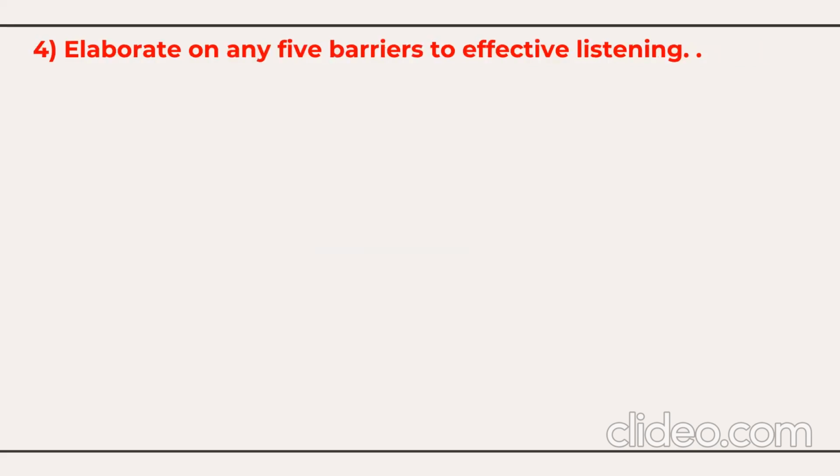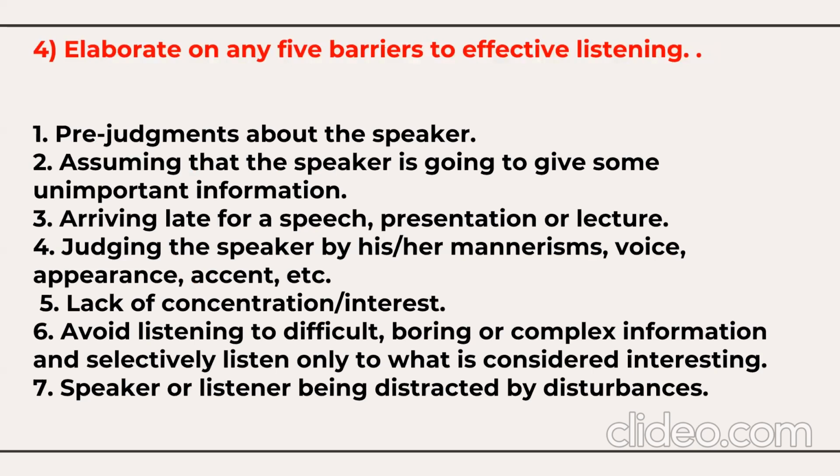Fourth question: elaborate on any five barriers to effective listening. Again, I'll list out seven barriers here. You can select any five barriers and write two or three sentences on each.